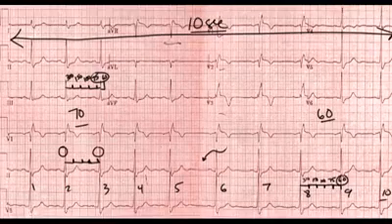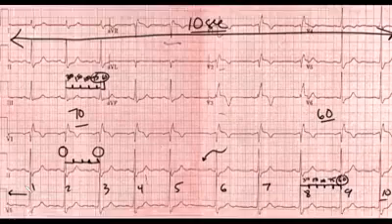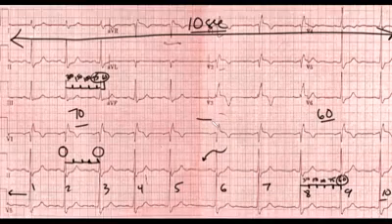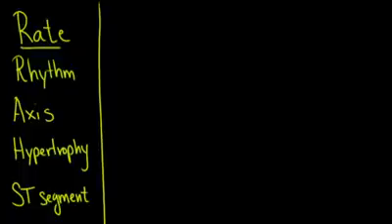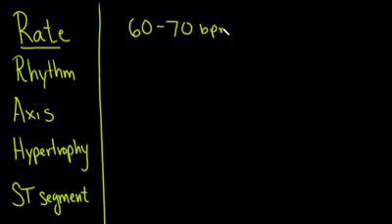So 10, probably a little bit more, times 6, we get a little bit more than 60, somewhere between 60 and 70, which is exactly what we came up with. So for us, the rate is somewhere between 60 and 70 beats per minute.